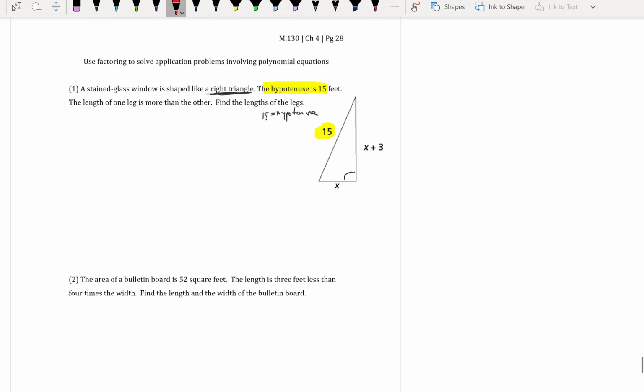And always directly across from the hypotenuse is that little square. So we have x, and I do believe there is a typo. It should be the length of one leg is, and it should have the number 3 in there, is 3 more than the other. So that's how they got that x plus 3. So it's 3 more than the other.